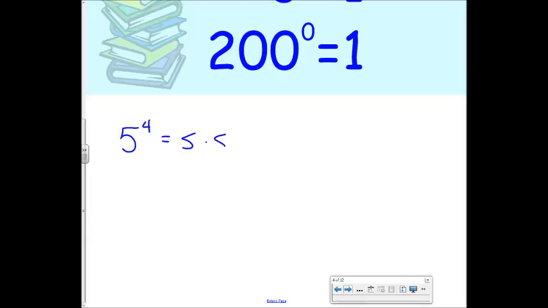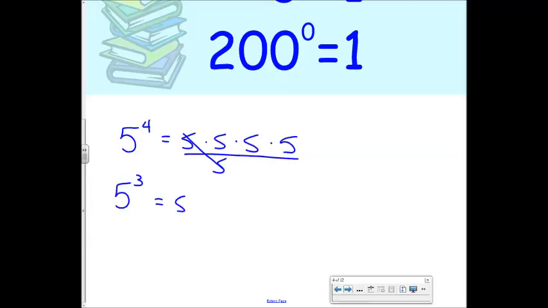Okay, so then we said, well, if I've got 5 to the 3rd power, what do I have to do? I have to do what with one of these 5s? Take one away. How do you take away a 5 if it's a multiplication problem? Divide. So we divide by 5 here, and then what happens to this one? Those go away, and that's where we get 5 times 5 times 5.